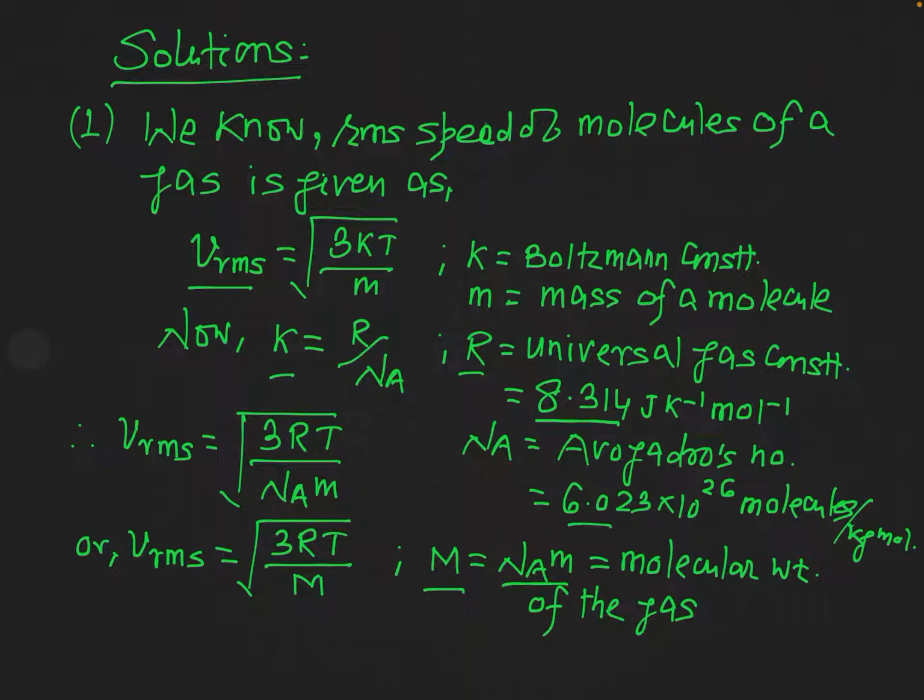And the temperature of helium is given as 300 Kelvin. So the condition is that the RMS speed of the helium molecule at 300 Kelvin is equal to the RMS speed of the oxygen molecule. Then what should be the temperature of the oxygen molecule? So let us apply this condition.